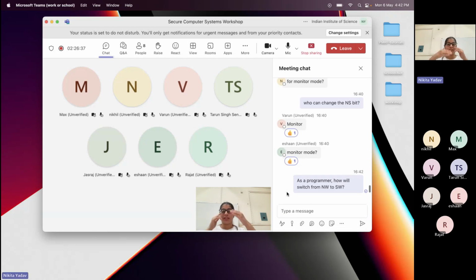So let's say you're writing this C code. You're writing the code, you want to switch from your application to the secure world, do something, and come back. How will you do that?